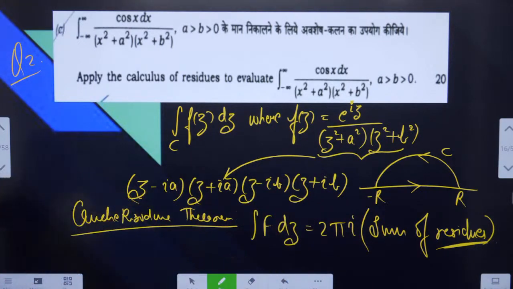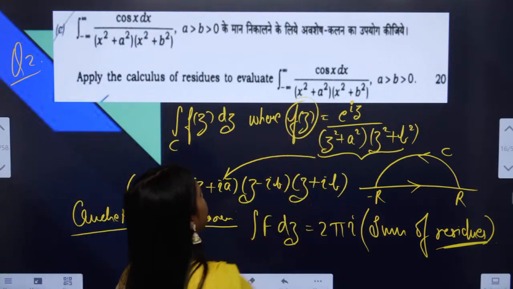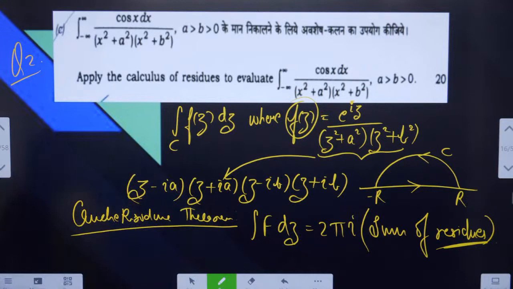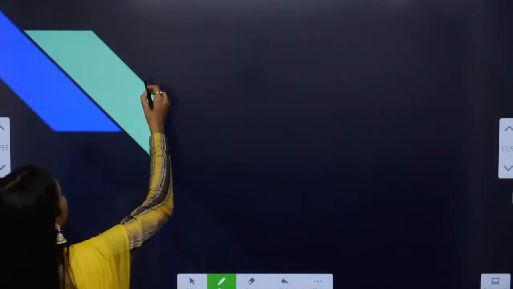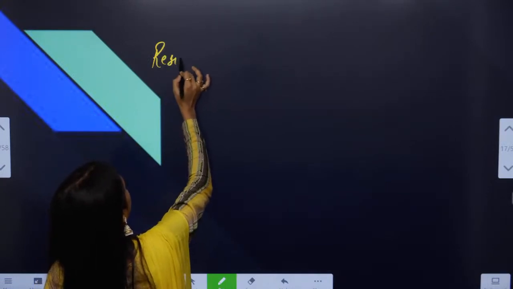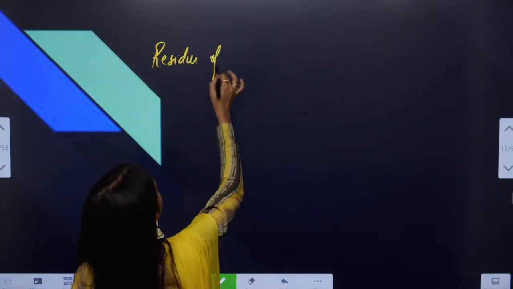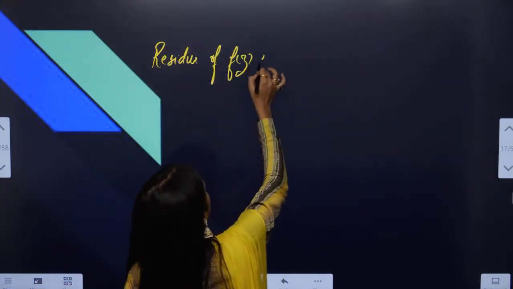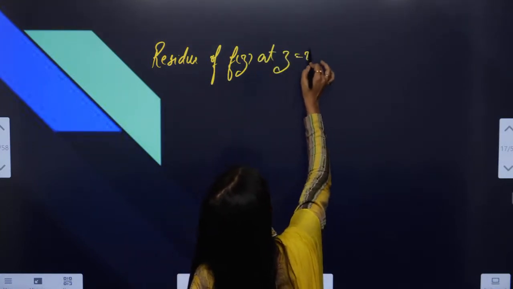Now the residue of f(z) at z equals iota a.